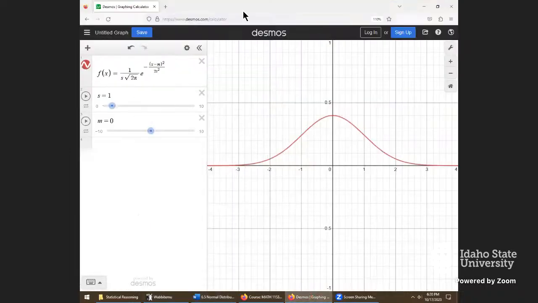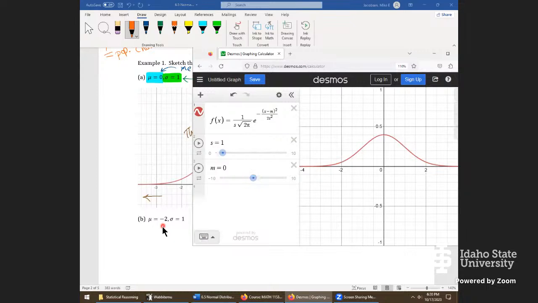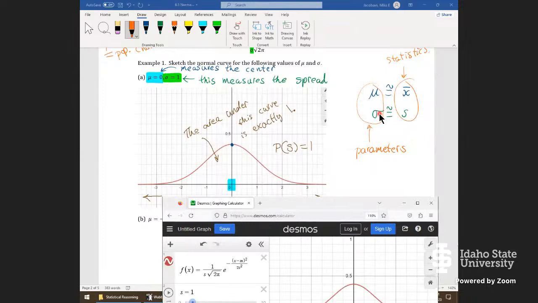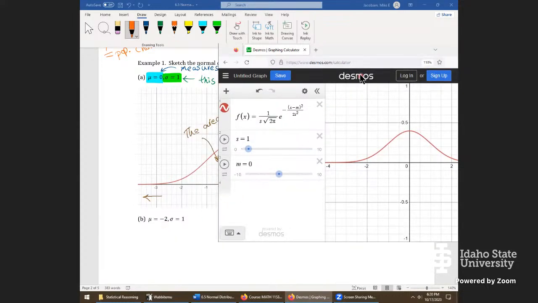So back to Desmos. We can make that a little bit smaller now. We're putting in the value of -2 for mu. I have my mu set to 0. Again, this is a bit regrettable. After I said that earlier, this S is supposed to be the sigma value, but I couldn't actually put in Greek on this thing. So imagine this as a sigma, not as an S. But we're moving this to the value of -2.